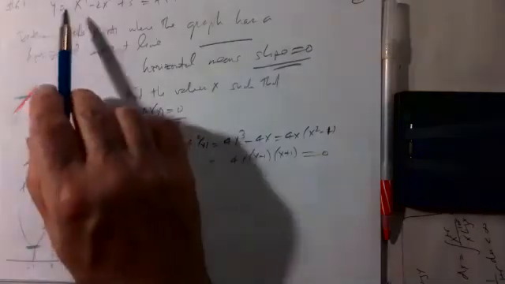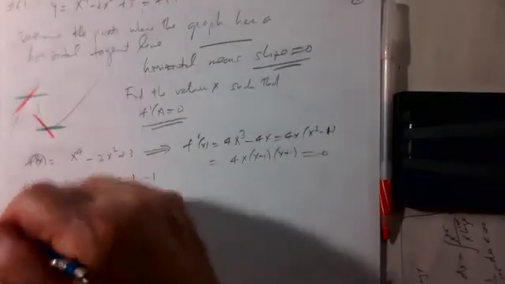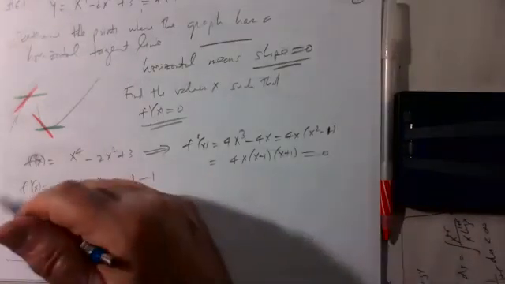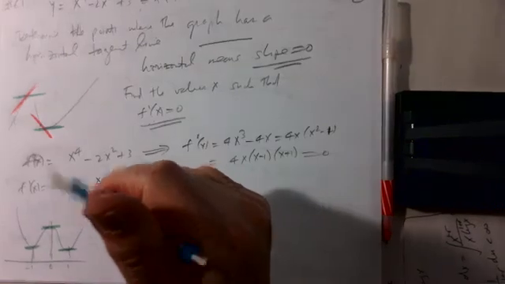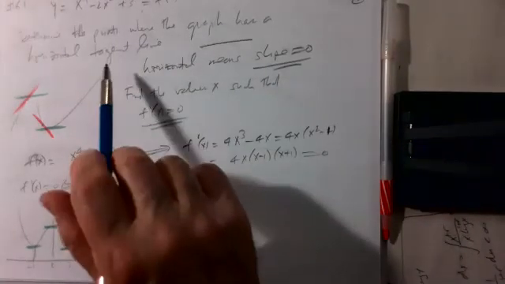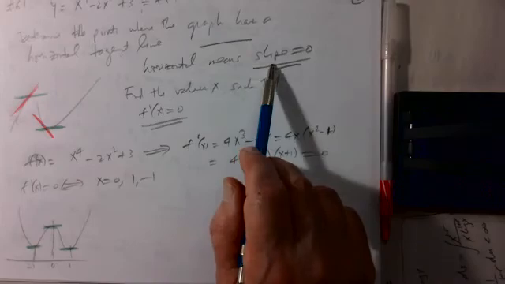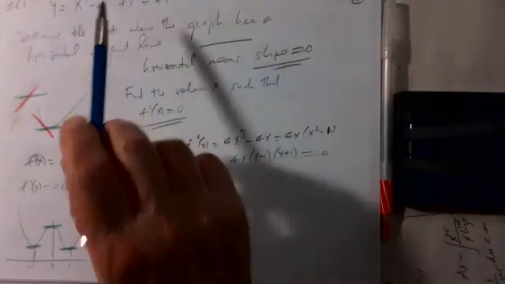So here we have this function. We look at its graph. Turns out the graph, fourth degree, usually looks like this: down, up, down, up. And where does the graph have a horizontal tangent line? Where the derivative is 0, so the slope of the tangent line is 0. So you take this function, you differentiate it.